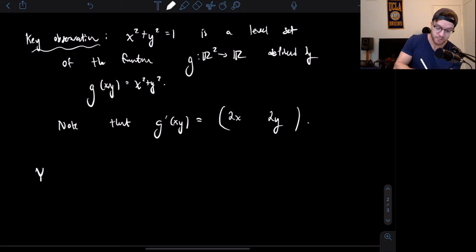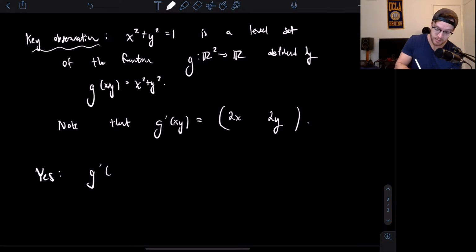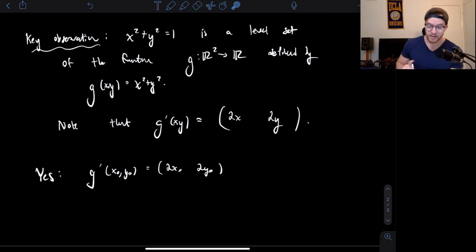The answer was yes, we can solve for y in terms of x exactly when y naught was non-zero. So my Jacobian at that point would look like 2x naught, 2y naught. And basically what we found is that we can solve for y in terms of x near this point when this number is non-zero.